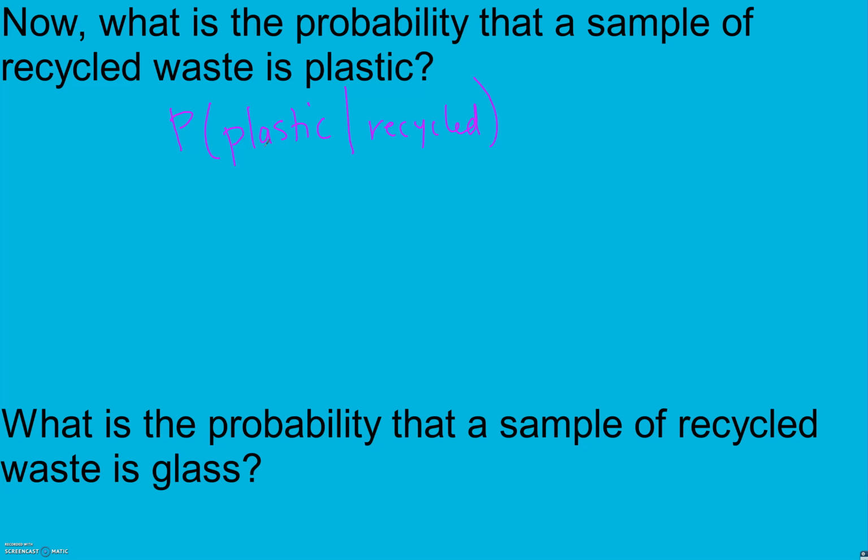What's our probability? So here we have 2.1 for the plastic and recycled, over, again, we said our total was 79.4. And we can re-add all that if we want. This is all recycled. But we figured it out in the last one, so we don't necessarily have to re-add it.